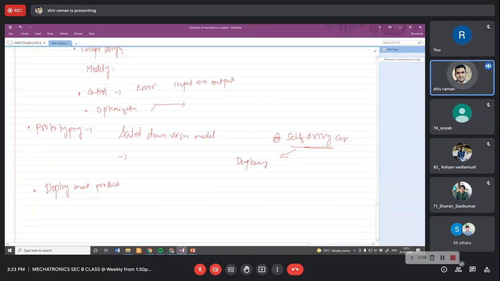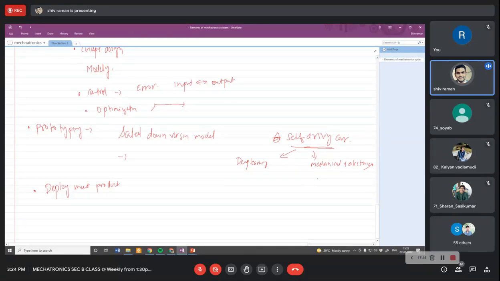After developing this model, you deploy it in a system which is basically mechanical plus electronic. So you develop a scaled down version of a car.